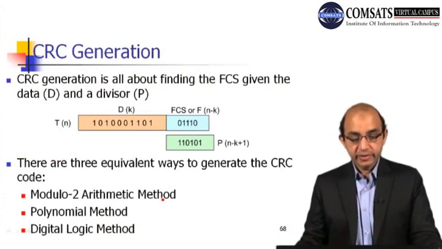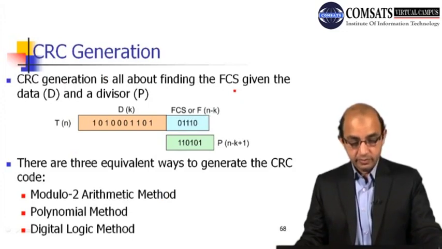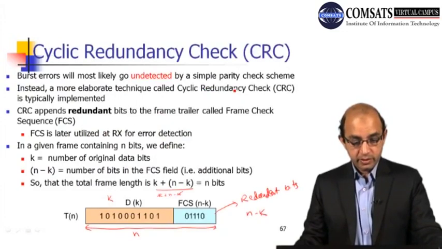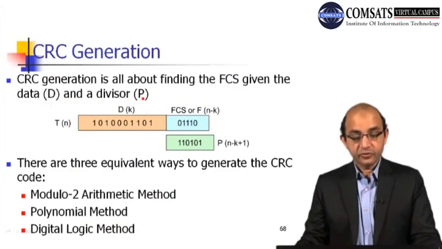How we generate CRC is all about finding the frame check sequence given data and a divisor p. So this is the data, and then we have to generate the divisor p. You can see that this is the data and this is the divisor 1 1 0 1 0 0. There are three equivalent ways to generate the CRC code.